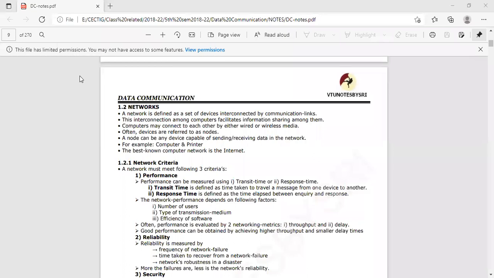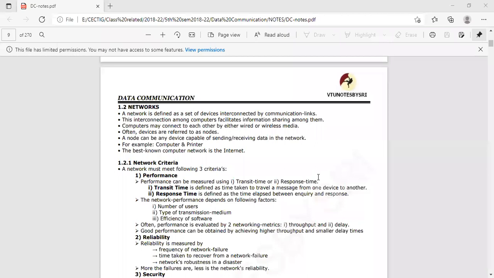So this response time is how much time it takes to get a response between device 1 and device 2. These are the factors on which transit time and response time depend. So what are the factors?